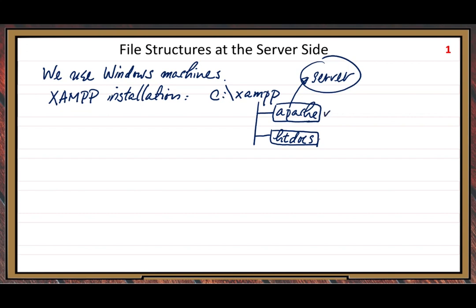They are subdirectories right under the XAMPP root directory. But actually, this htdocs should be a subfolder inside Apache. Its true location should be inside the Apache folder, but why is it moved outside?